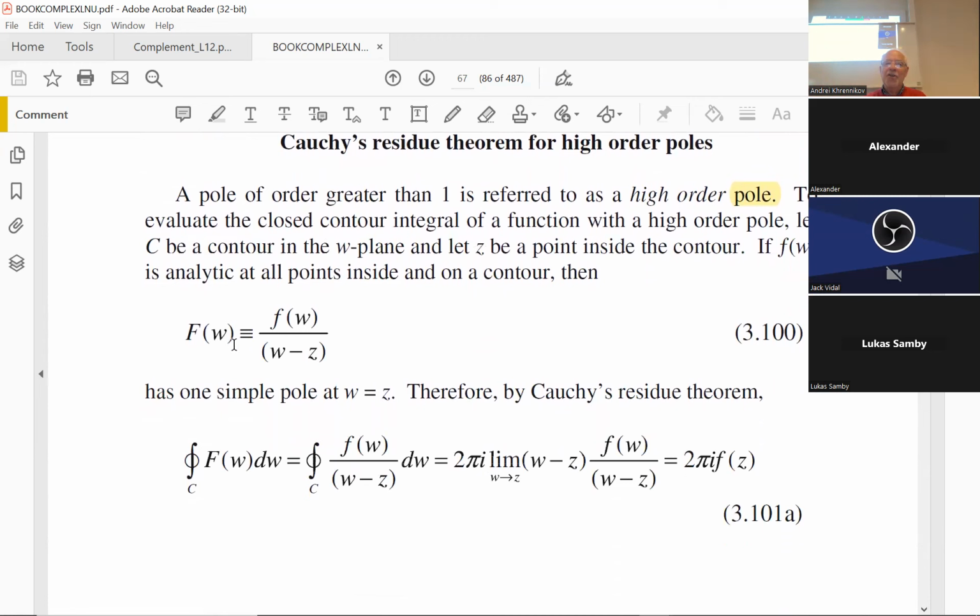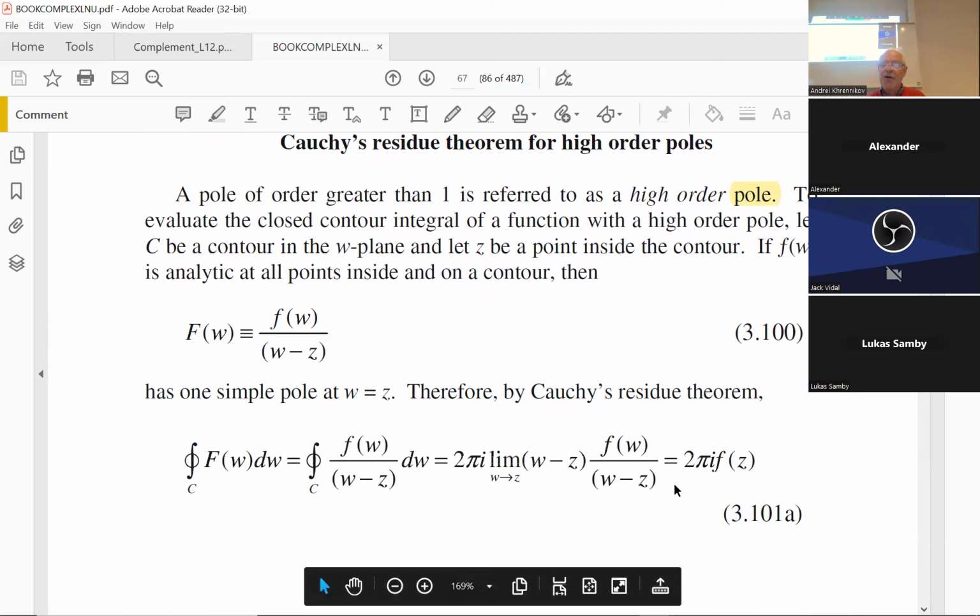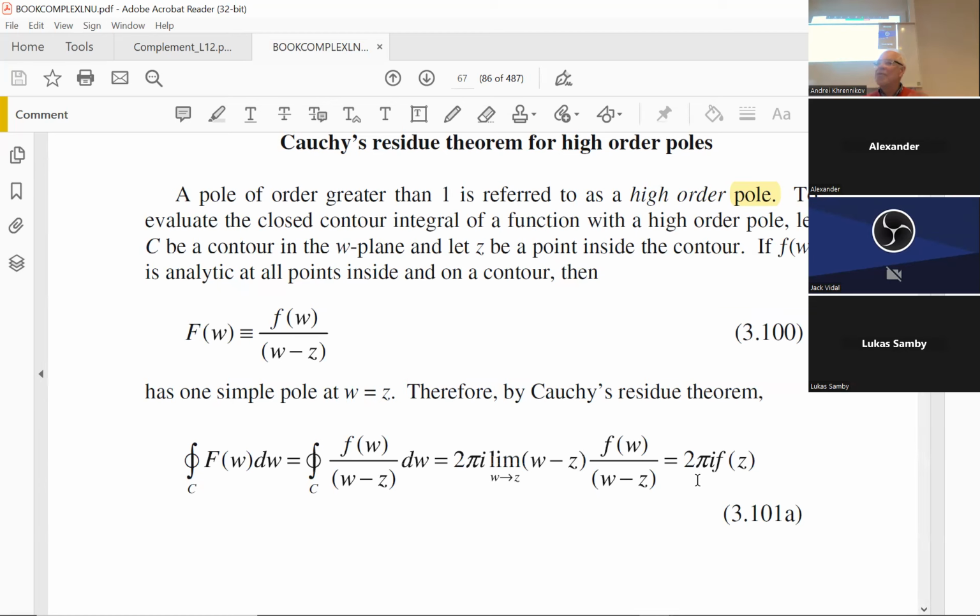Take this function, write this formula, and you get f(z) equal to this divided by 2πi. So in principle, if you have a more mathematical soul, you can reformulate everything.